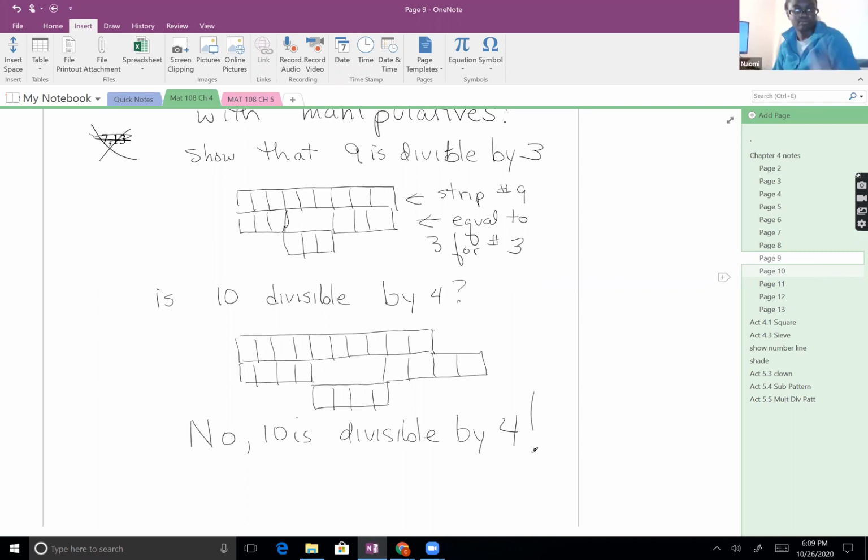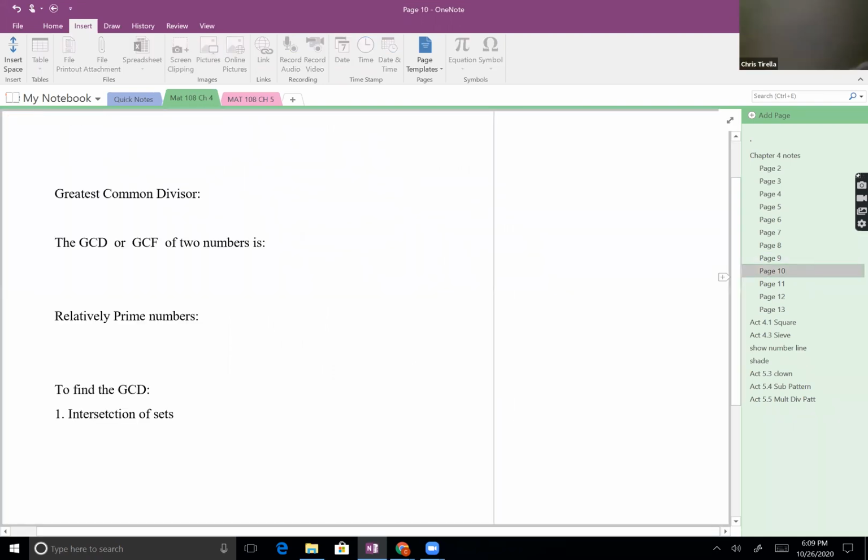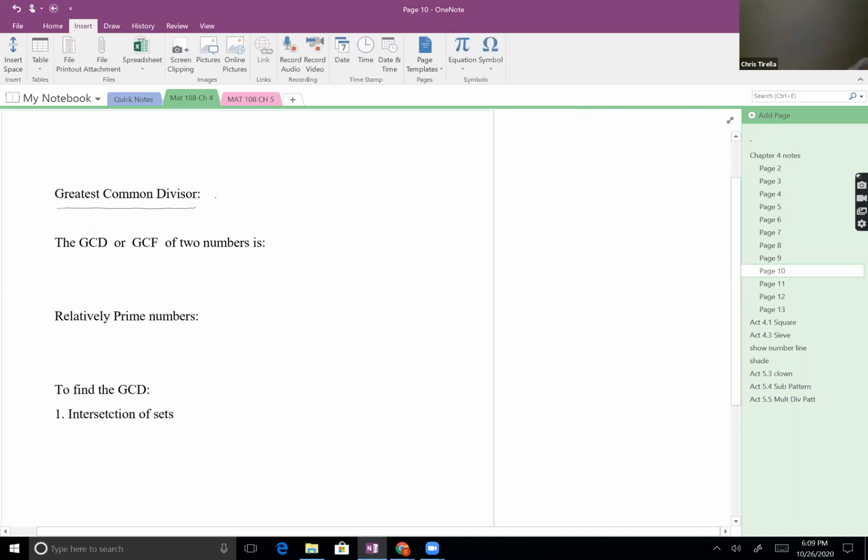When you look at divisibility, one thing that you hear is the greatest common divisor. The greatest common divisor of two numbers, let's say lowercase a and b, the authors of the textbook write as GCD of a and b.